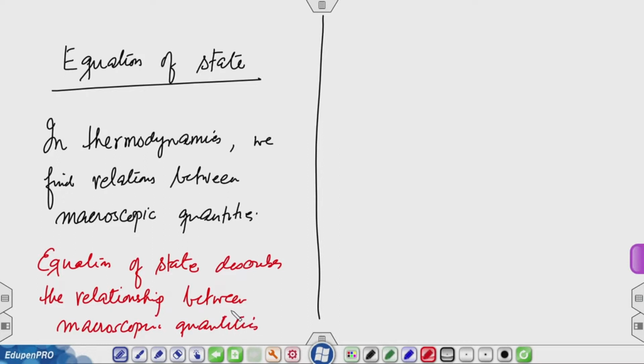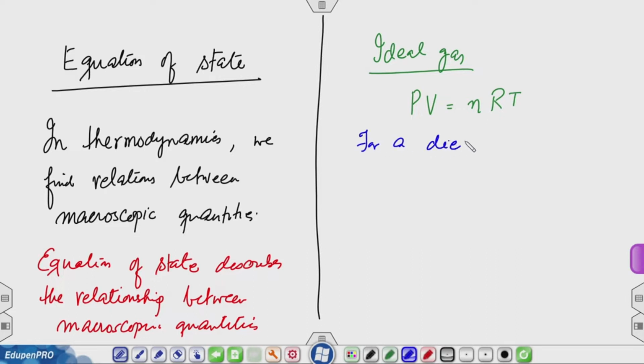For example, you already know that for an ideal gas, we have the pressure times volume equals number of moles times R T. Similarly, for a dielectric, where the variables are the polarization P, electric field E, volume V, and there's a property called chi, the electrical susceptibility.